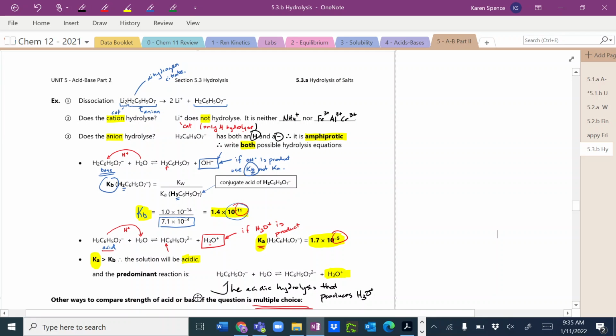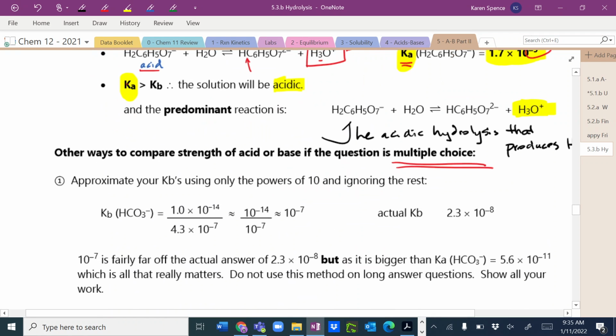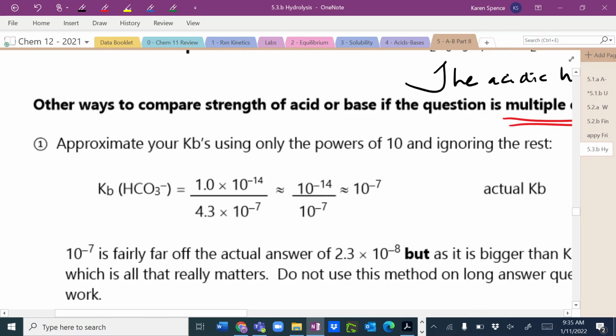So when we were finding the Kb of HCO3, remember this is the Ka of who? H2CO3, the conjugate acid of our substance we're finding the Kb for, and of course that right there is Kw.